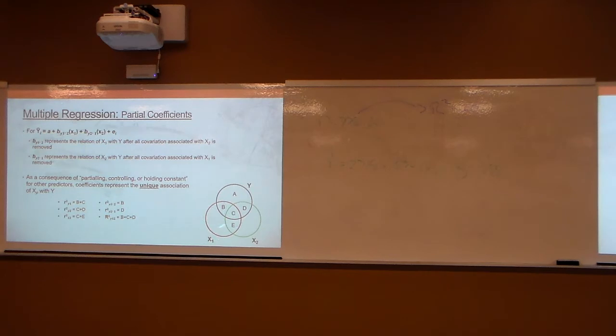Look at X1 and Y. C is part of that overlap, but if I'm controlling for X2, why don't I get C? Anybody help her out? CJ?